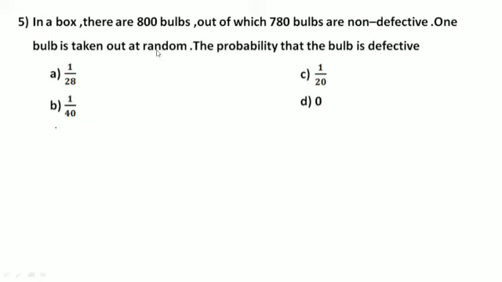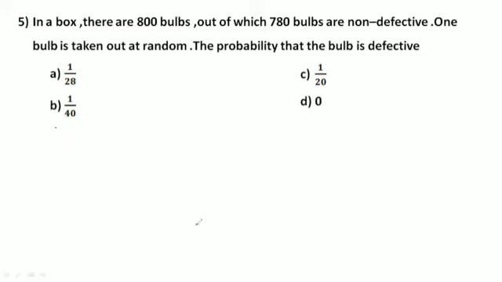Then one bulb is taken out at random. What is the probability that the bulb is defective? 1 by 40. How, 1 by 40? The total defective ones are 20, sir. 20 by 800. Very good.